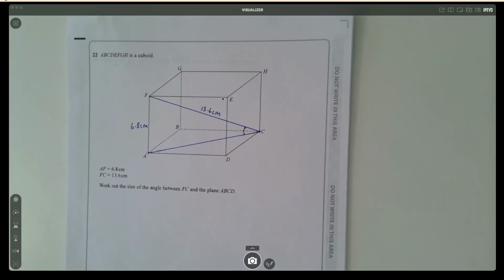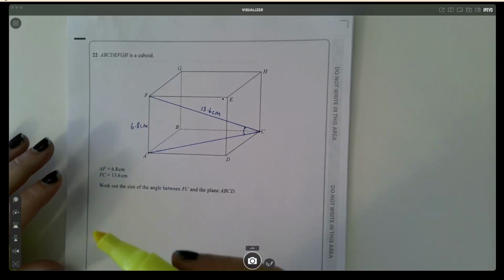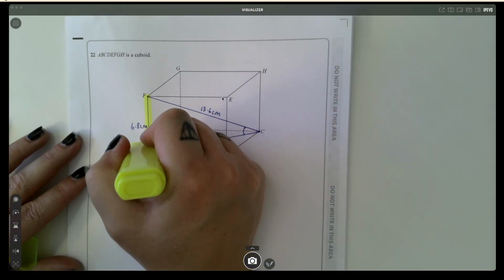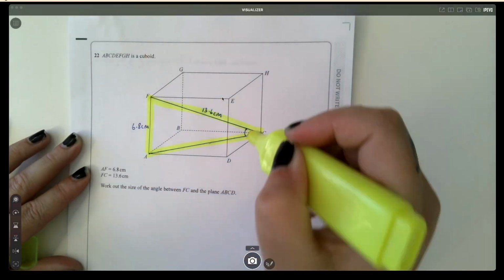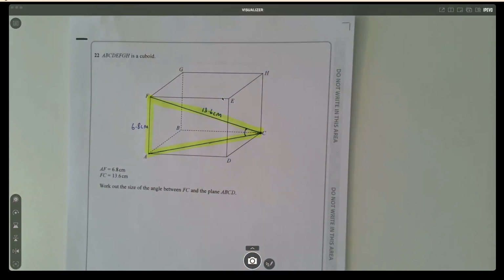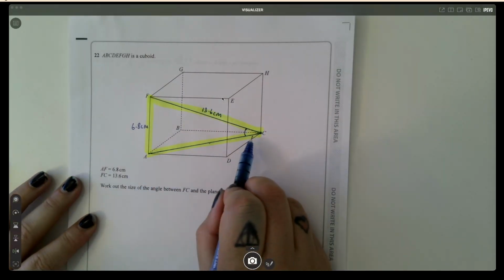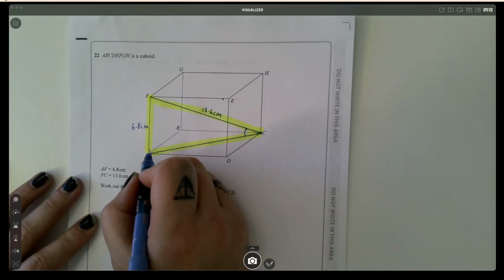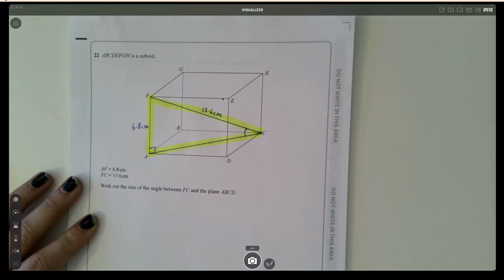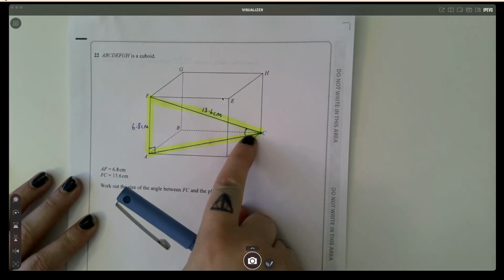With 3D shapes, it's important to recognise right angle triangles. So I'm going to work with this triangle here. It doesn't look like a right angle, but it is, because AC is flat, horizontal at the base of that shape. So this is actually a right angle. We're trying to find this angle.